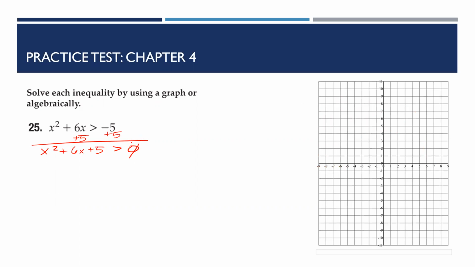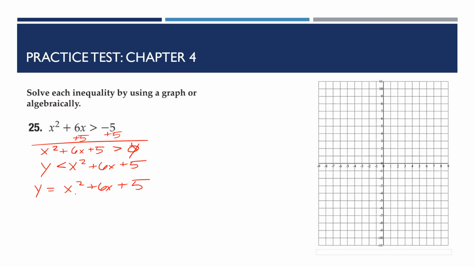This should actually be y. I want my variable on the left side, so I'm going to rewrite that as y is less than x squared plus 6x plus 5. And then my related equation would be y equals x squared plus 6x plus 5.